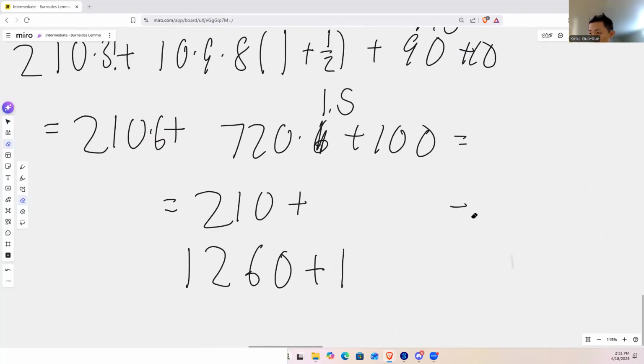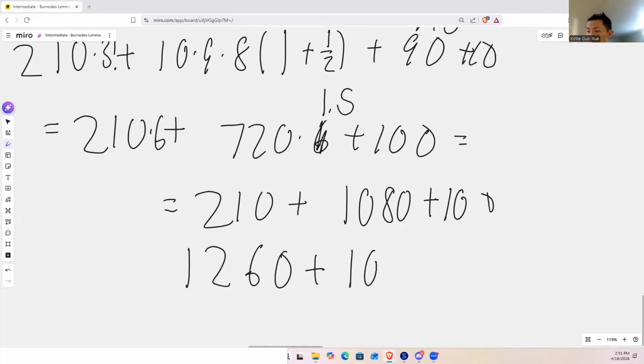Yeah, I can't do computations anymore. This still is at 2530.